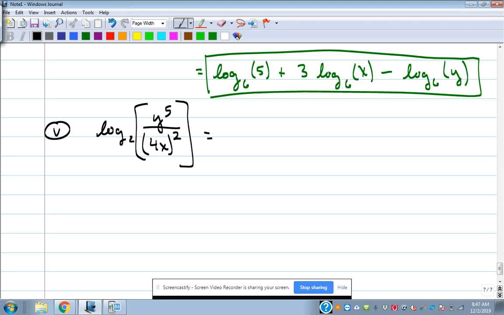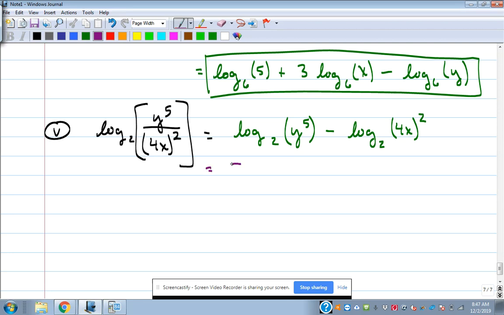All right, so what's the big thing that's happening here? Division. So I'm going to start out with breaking that apart with division. And then can the first piece, the y to the 5th part, be simplified or expanded any further?